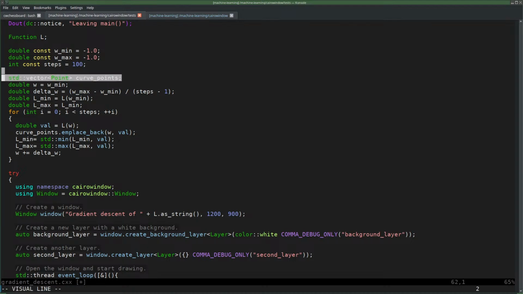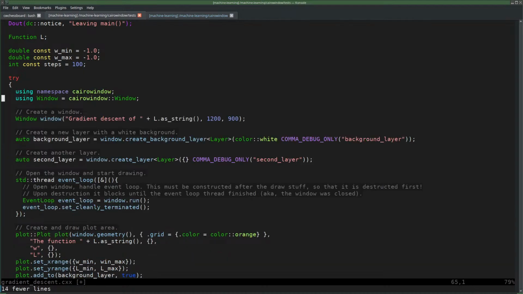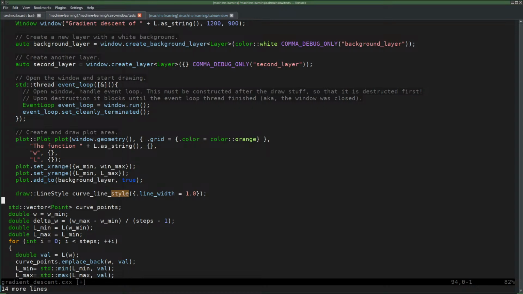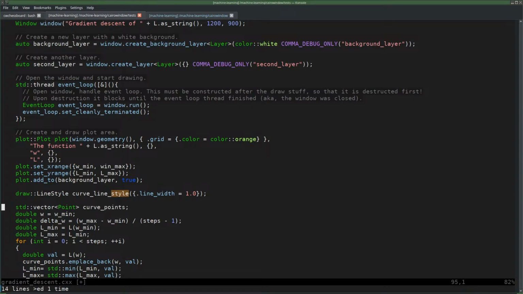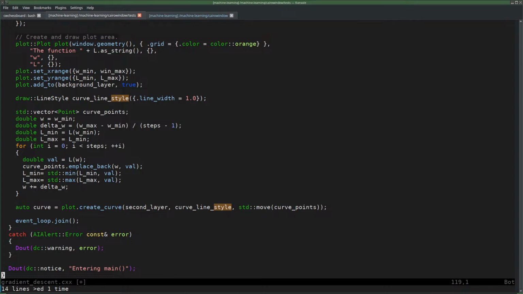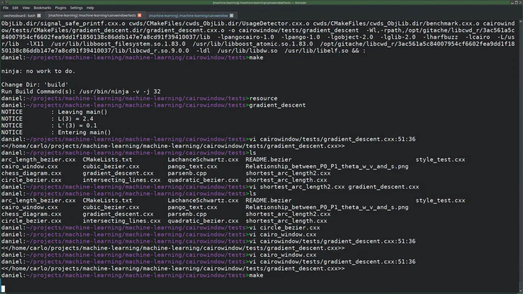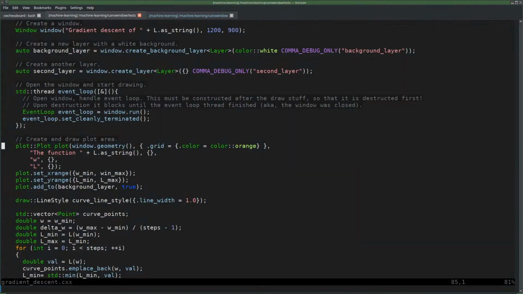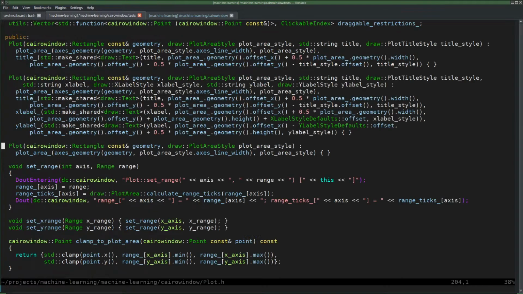Yeah, okay, I'll just move it down inside here. Did not include plot apparently.